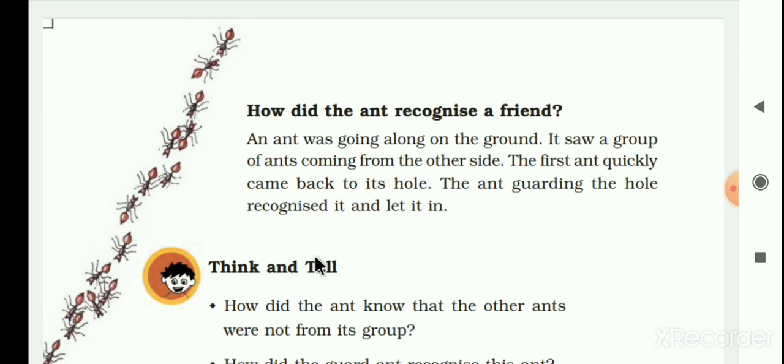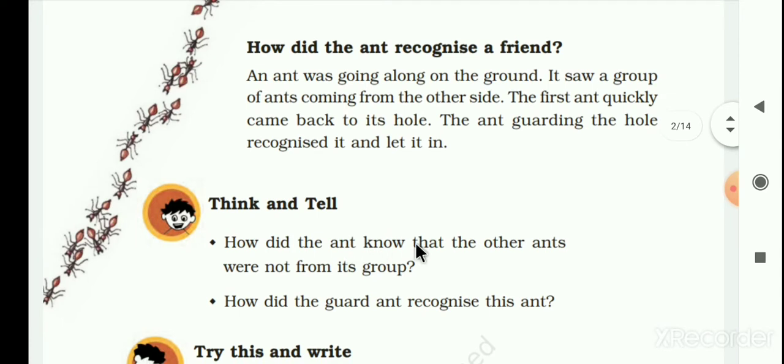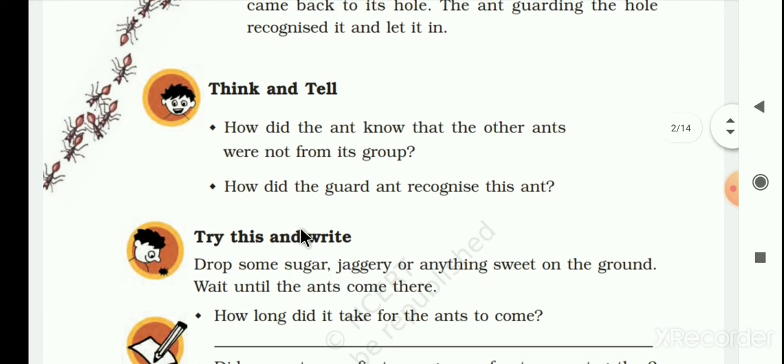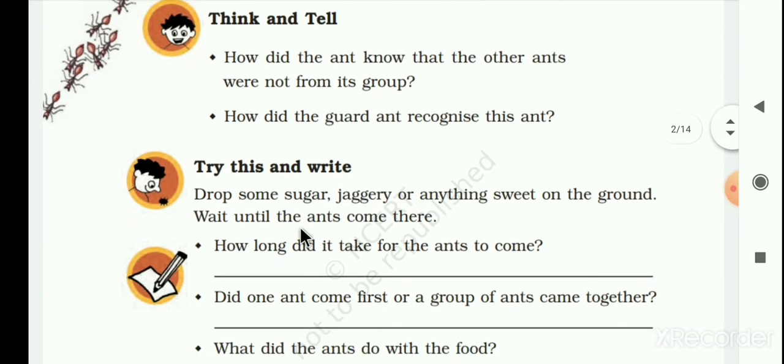Now think and tell. How did the ant know that the other ants were not from its group? Yes, by its smell, right? How did the guard ant recognize this ant? Obviously, by its smell, right? Now let's see. Try this and write. Drop some sugar, jaggery or anything sweet on the ground. Make a note: don't drop such things at your home, okay?